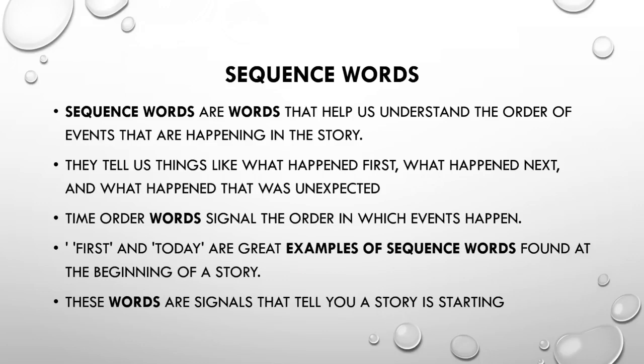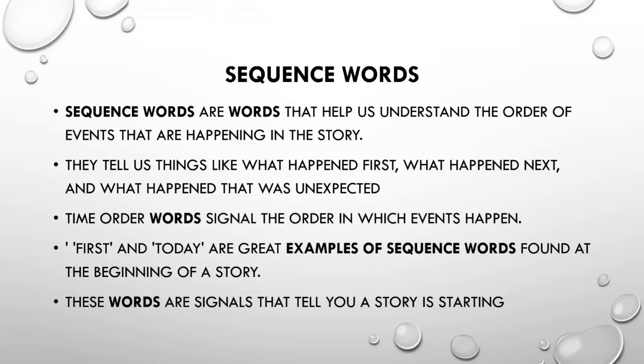Sequence words actually help us to understand the order in which events occur in a story or a passage. These words help us to explain the different events in a proper sequence, whether this event has happened at the starting of the story, towards the middle, or towards the end.